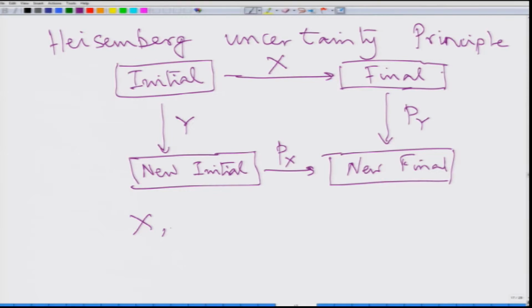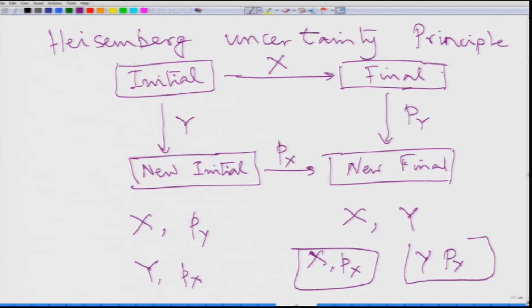So, for instance, x and p y has no problem, x and y has no problem, y and p x has no problem, but the moment we end up with pairs like x, p x or y, p y, we cannot have levels of precision which are independent of each other.